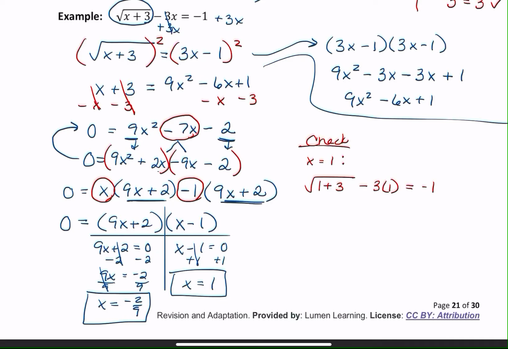So I've got the square root of 4 minus 3 equals negative 1. So that's going to be 2 minus 3 equals negative 1, which is true. Negative 1 equals negative 1. So that one works.